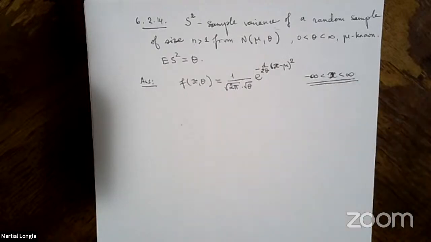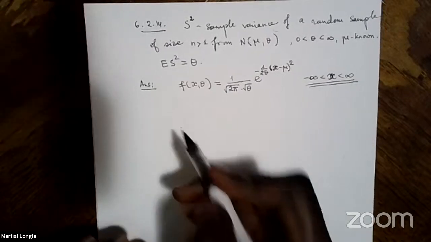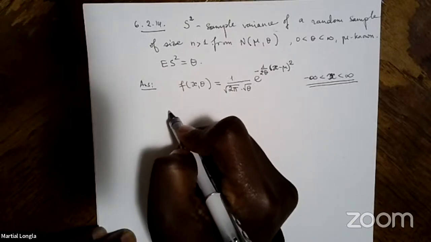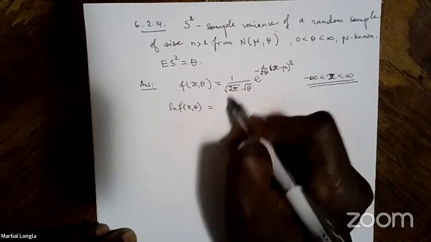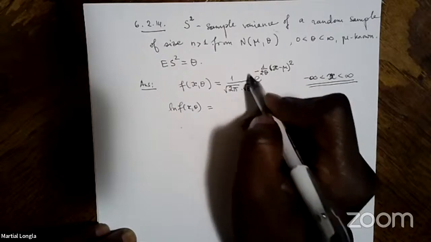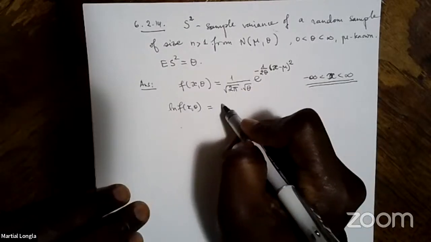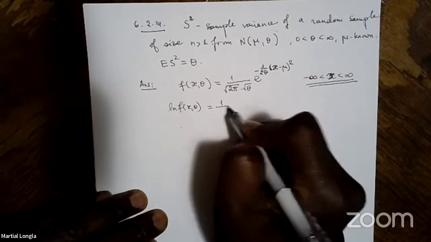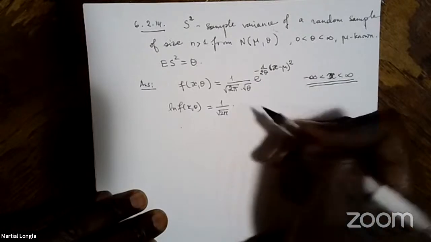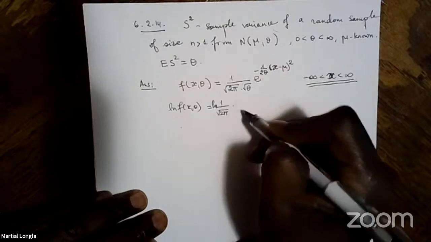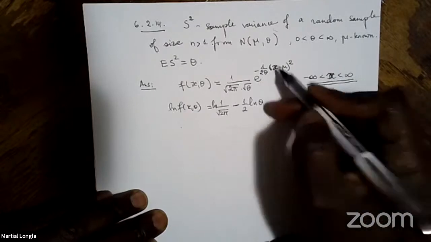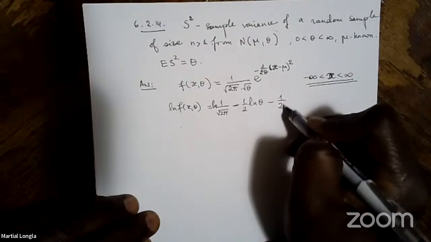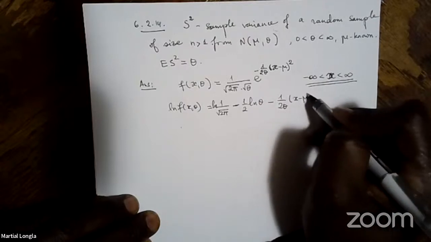All right. We can take the derivative. So what do we get here? Natural log of f of x theta, what is it equal to? Can I just call all this a constant because it's canceling anyway when we take the derivative? So we get natural log of that minus 1/2 natural log of theta minus 1 over 2 theta times x minus mu squared.